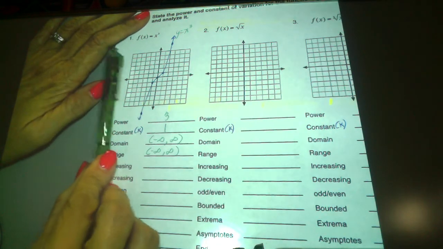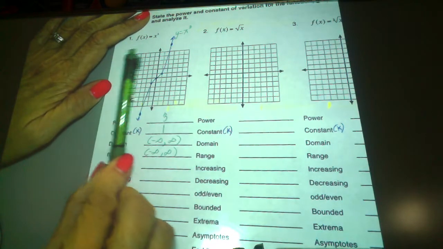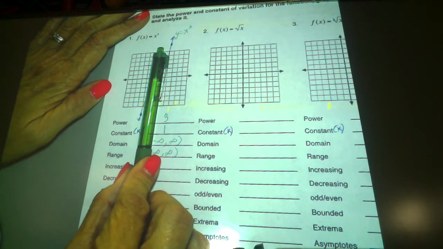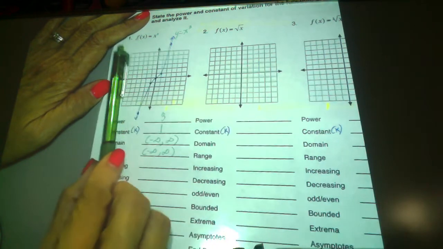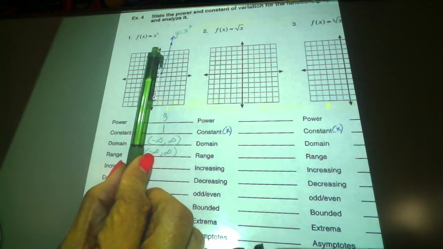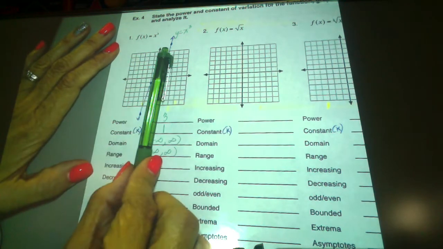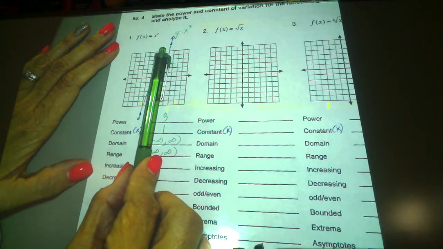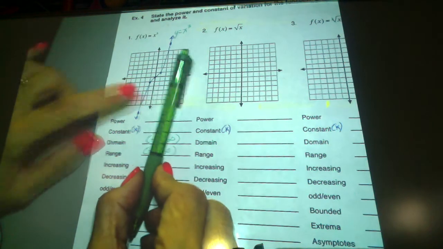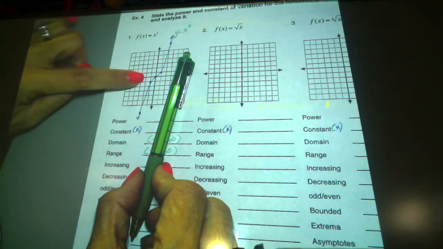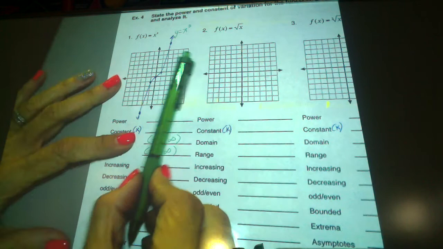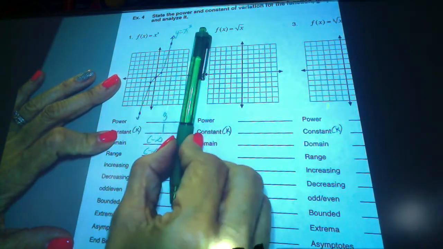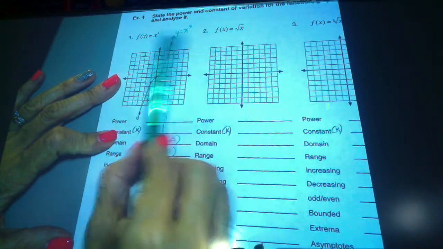So as I go from left to right, so negative infinity to the x value of 0, what's happening to the graph? Is the graph going from low to high or from high to low? Low to high. So is that increasing or decreasing? Increasing. So that part's increasing, negative infinity to 0 on the x-axis. Then from 0 to positive infinity on the x-axis, what's the y doing?